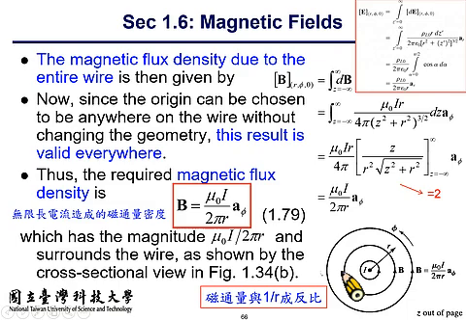You can replace the integration variable from z to alpha, which means the integral limits change from minus infinity to infinity into minus pi over 2 to positive pi over 2.